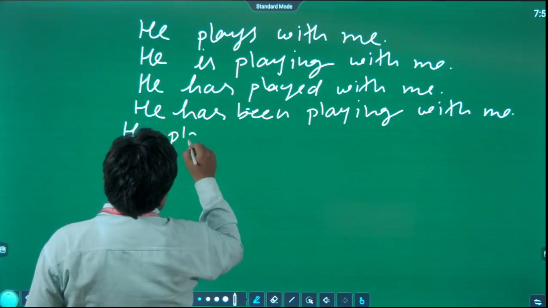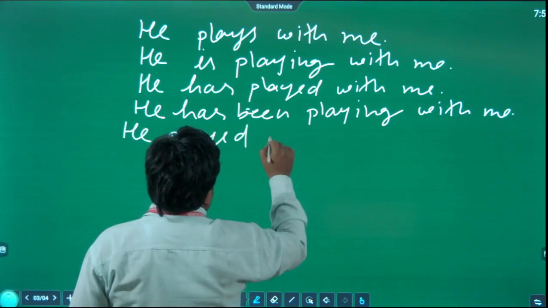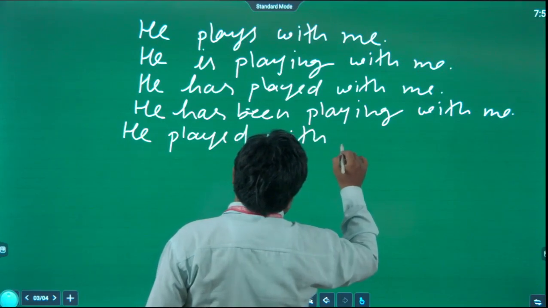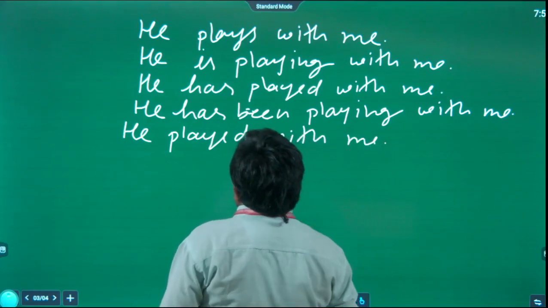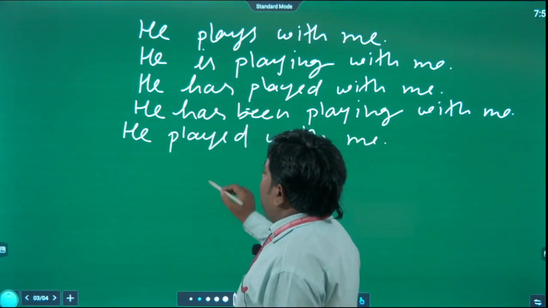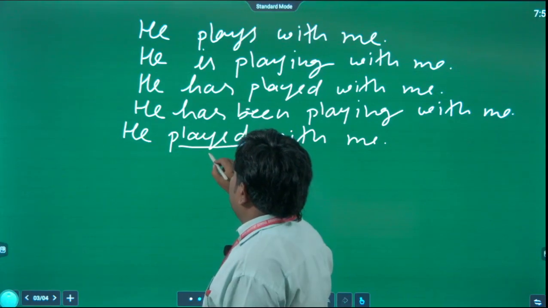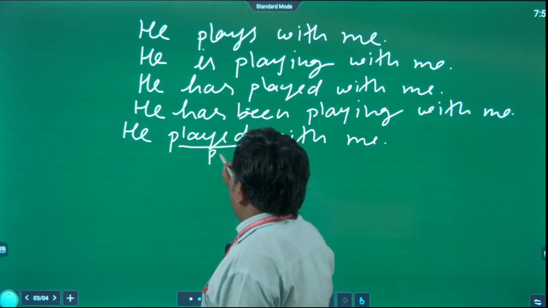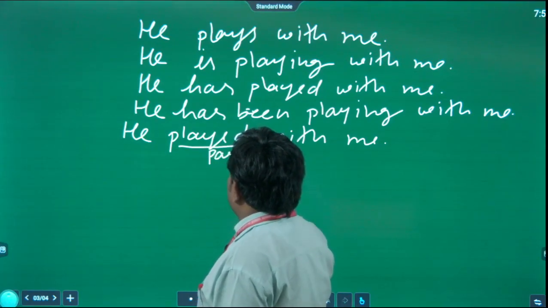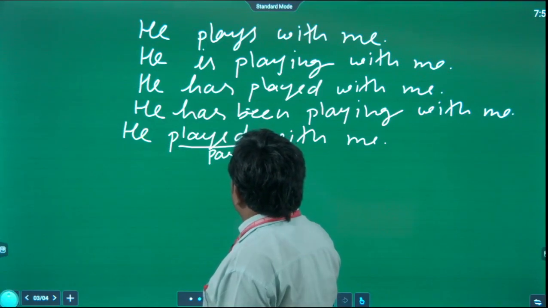And for the past tense, he played with me. As I told you, in the past indefinite tense we use the second form of the verb. This is the past form of the verb.